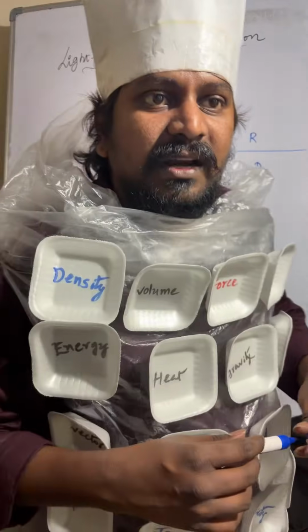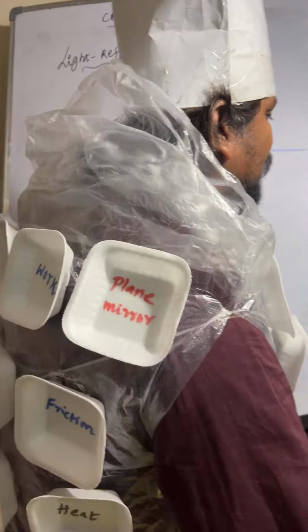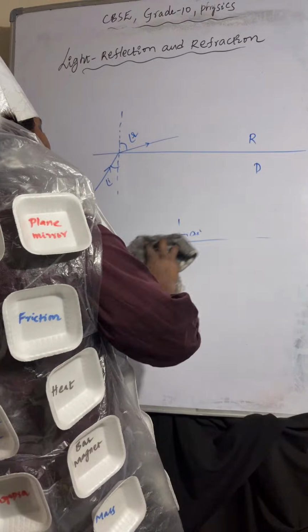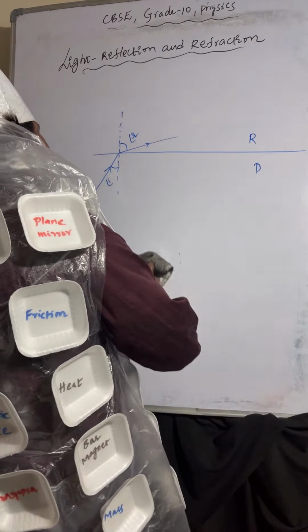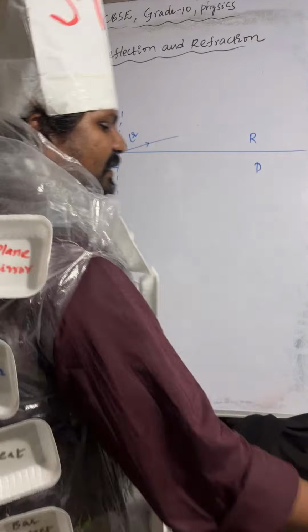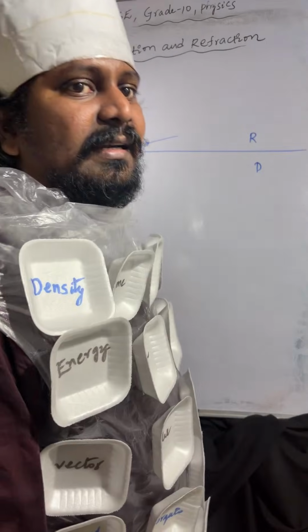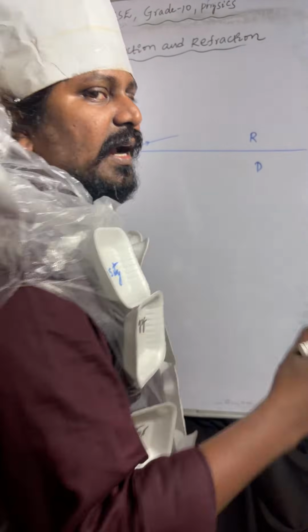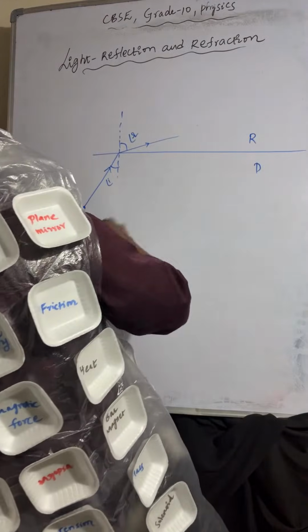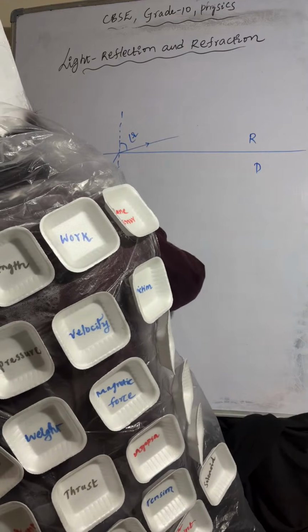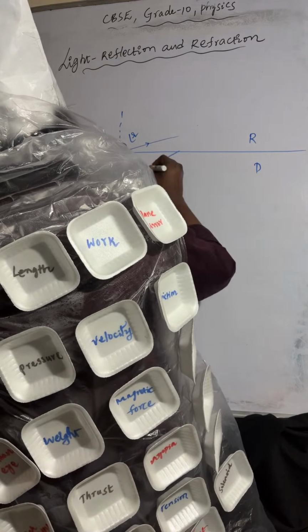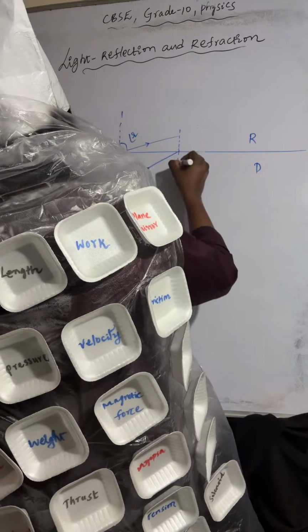The refracted ray makes 90 degrees with the normal line. Here you can observe, this is the incident ray and this one is the normal line.